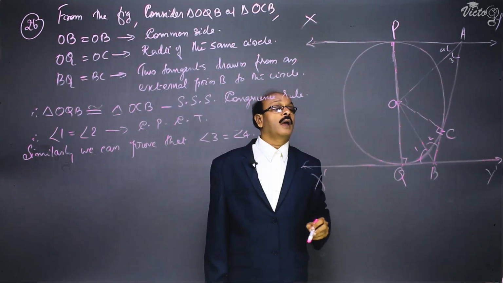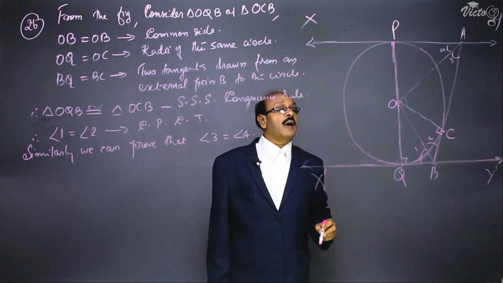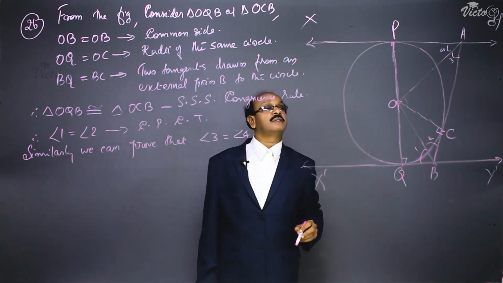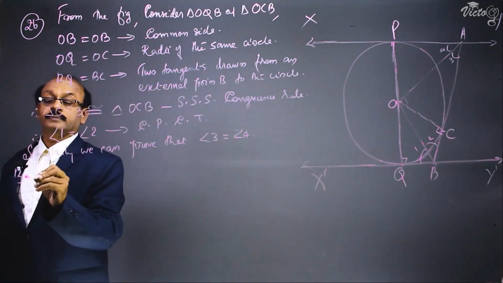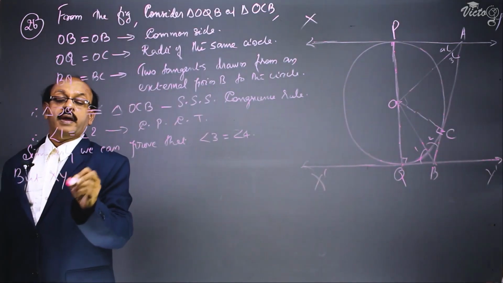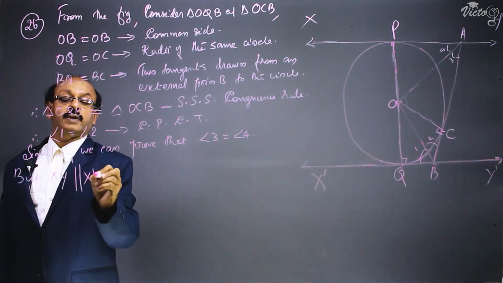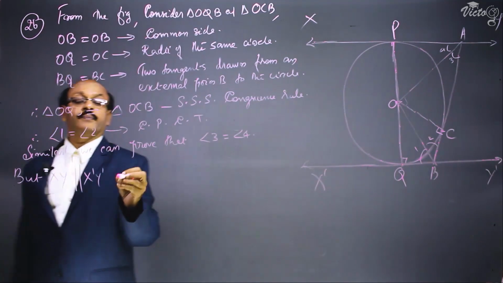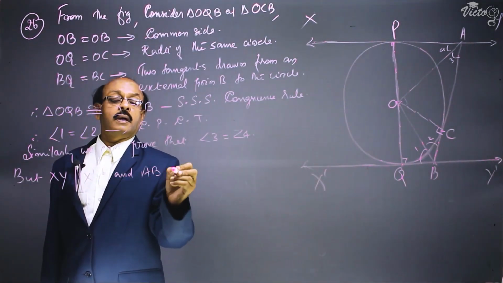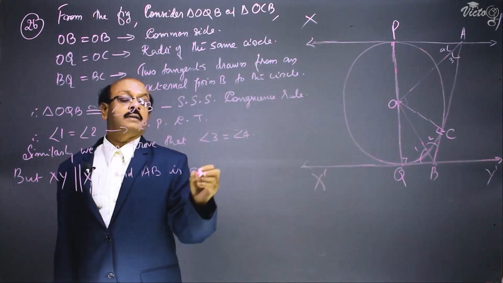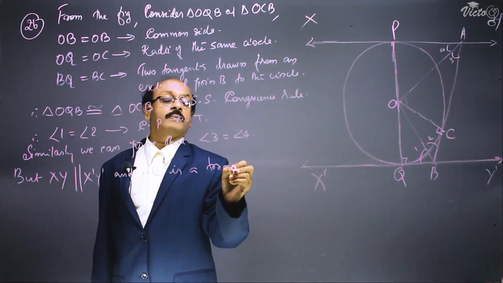But XY is parallel to X dash Y dash and AB is a transversal.